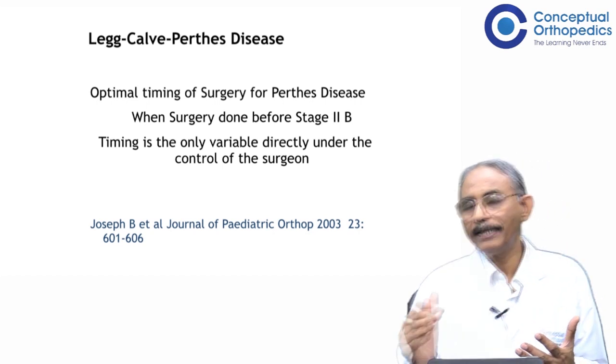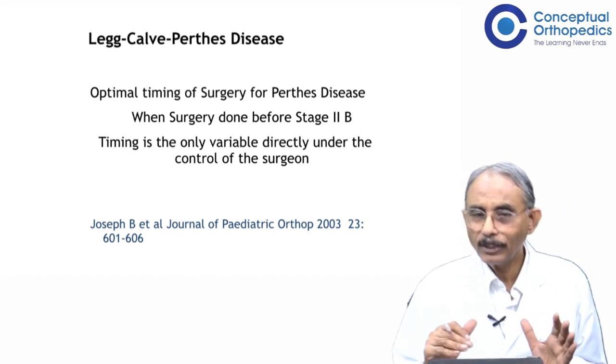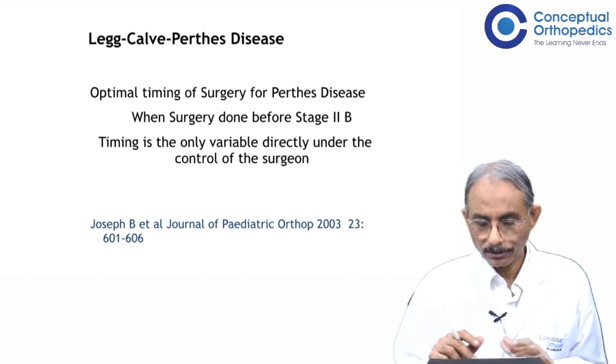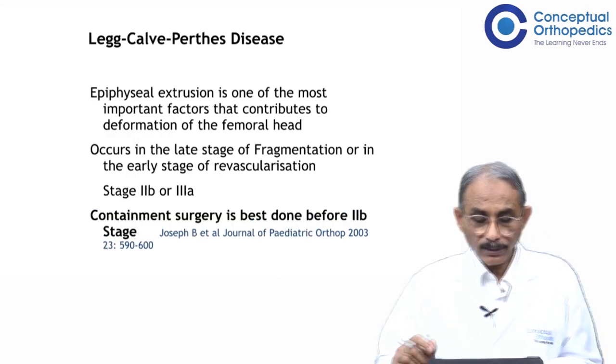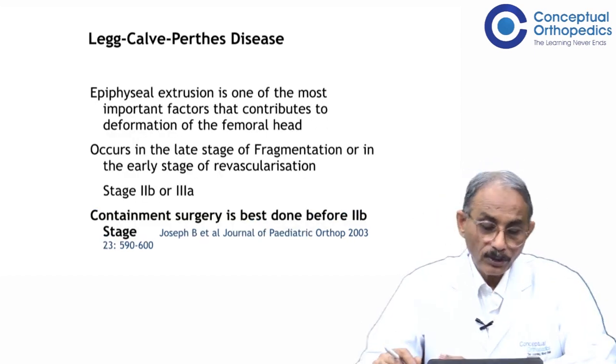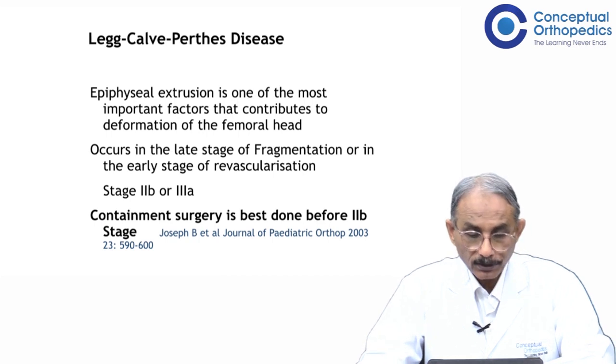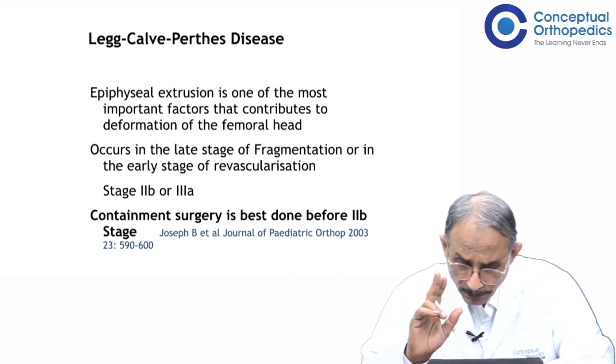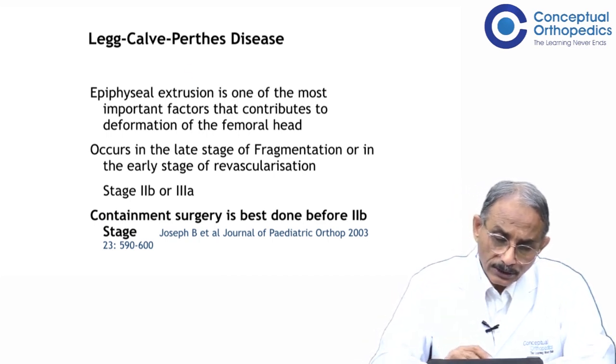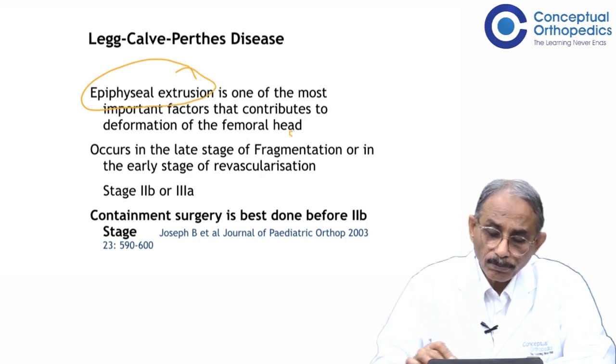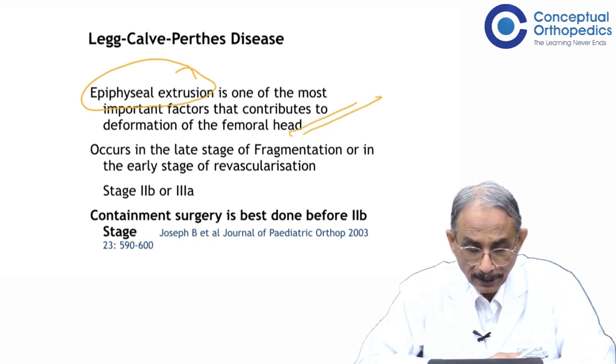You want to contain that femoral head. That is when you do a varus osteotomy. So that tells you the indication for doing a varus osteotomy. And remember, the greater the extrusion, the poorer the prognosis in the child.